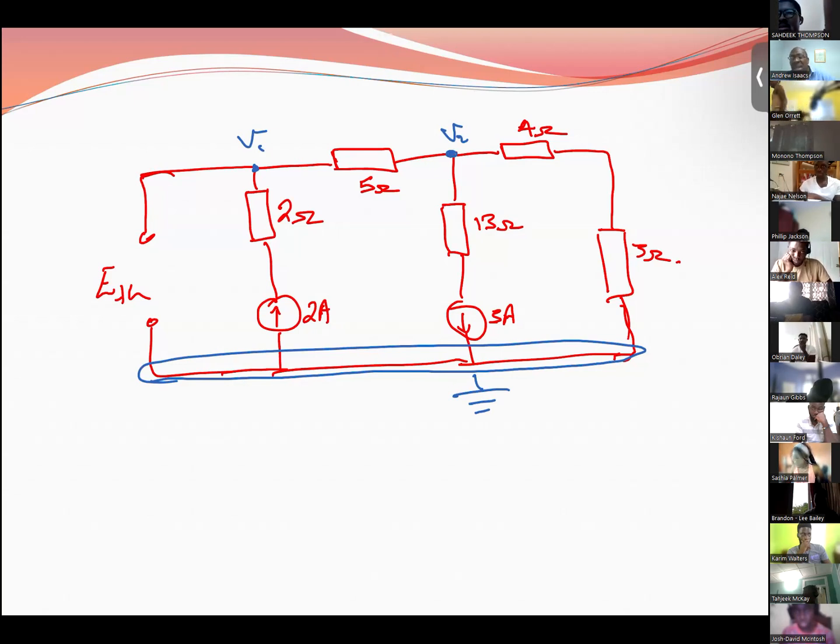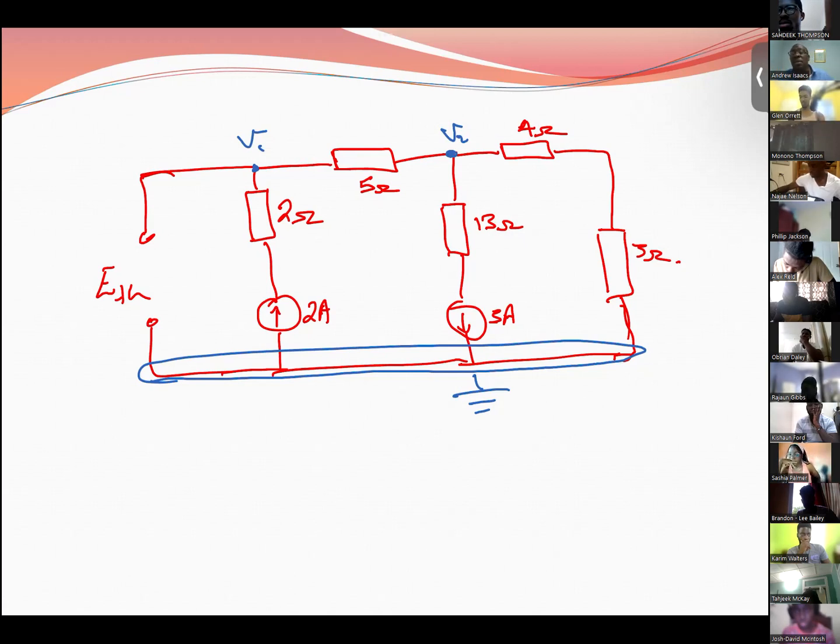It's automatically 0. In the same way, if you're doing mesh analysis or Kirchhoff's laws, and you have not properly indicated what you are doing on the circuit, it's automatically 0, regardless of the answer that you provide. So I just want to put that out there. Everybody keep that in mind.